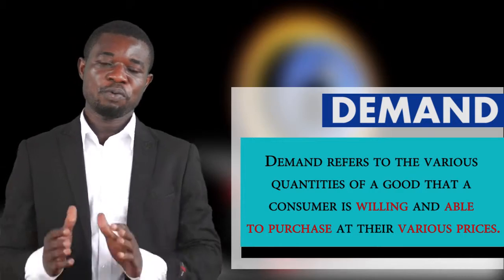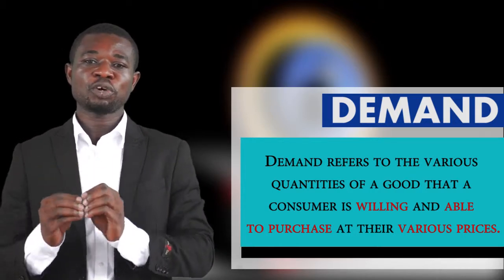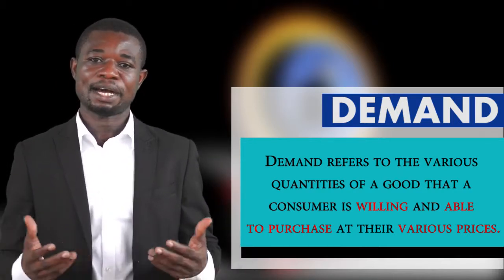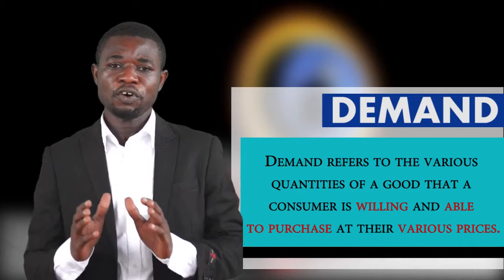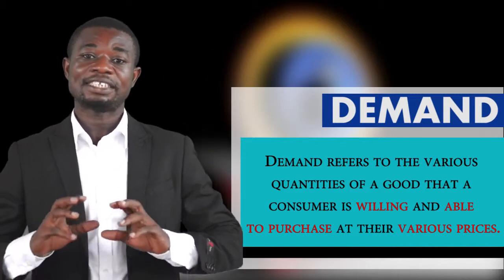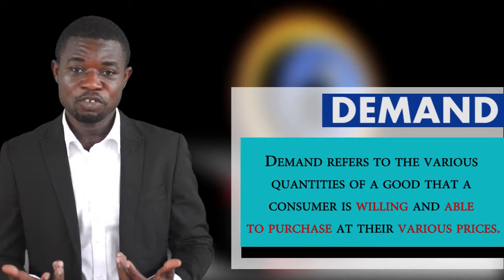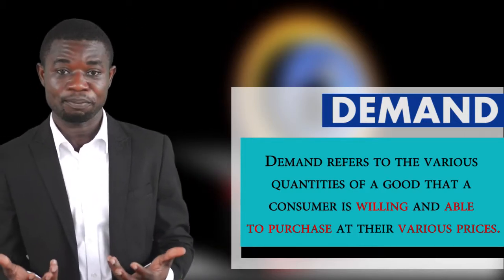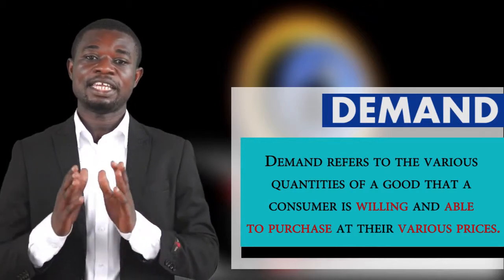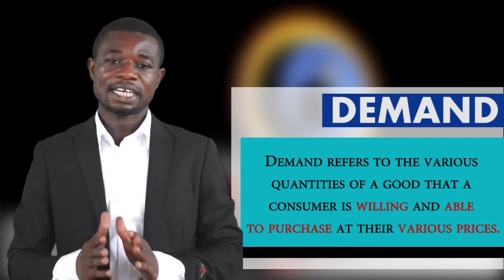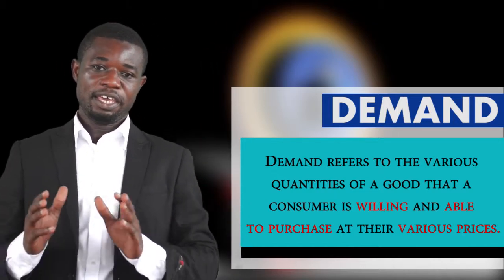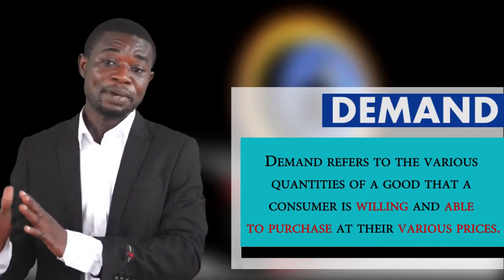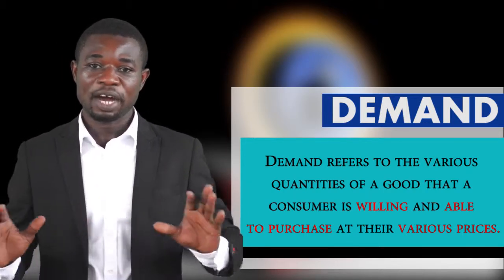Most often, when we talk about the ability, then we are talking about the purchasing power backing the willingness or backing the ability. So if as a consumer you have desired or you are willing to consume a particular commodity, and indeed you have the required income to buy that particular commodity, then we say that effective demand has taken place. If the ability or the willingness that you have is not backed by purchasing power, then it means that we don't have effective demand.